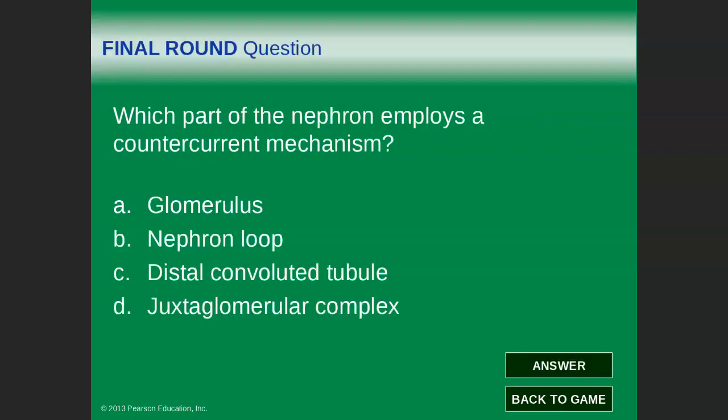Which part of the nephron employs the countercurrent mechanism? Glomerulus, nephron loop, or JG complex? Remember, the countercurrent mechanism is in the nephron loop.